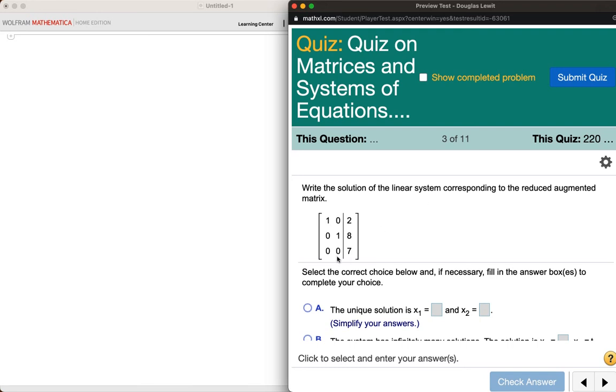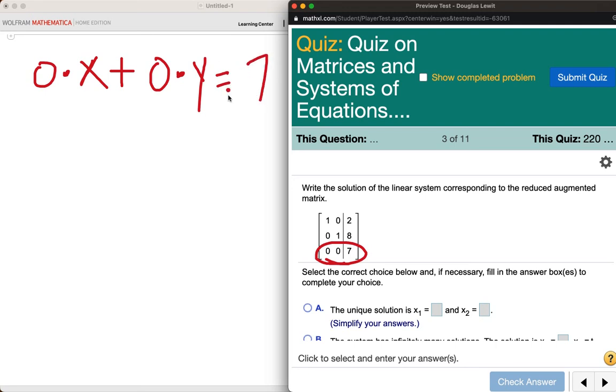Now, the problem here, if you look at the bottom row, you have 0 times x plus 0 times y is equal to 7, and that makes absolutely no sense.